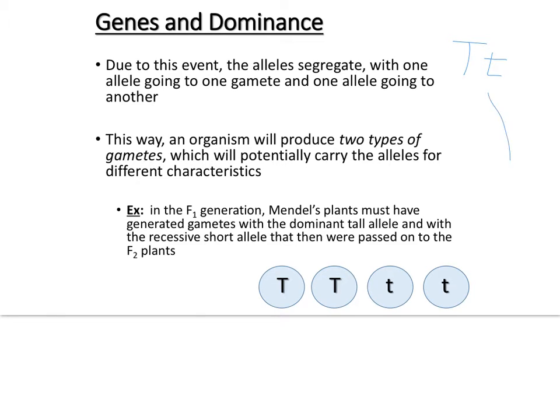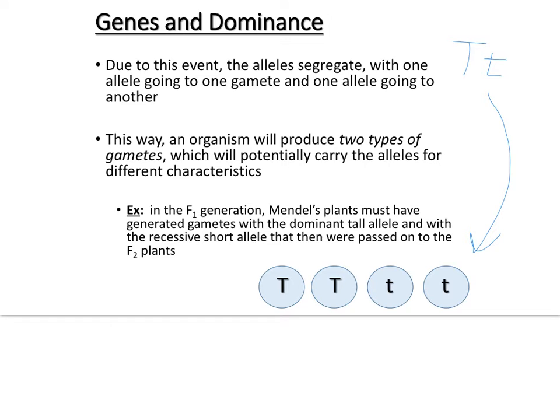So this will make better sense once we talk about meiosis a little bit, but a cell will make 4 gametes at once, and when it does this, it will make an even number of gametes with different alleles.